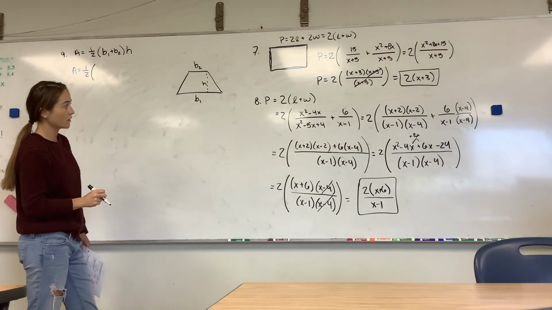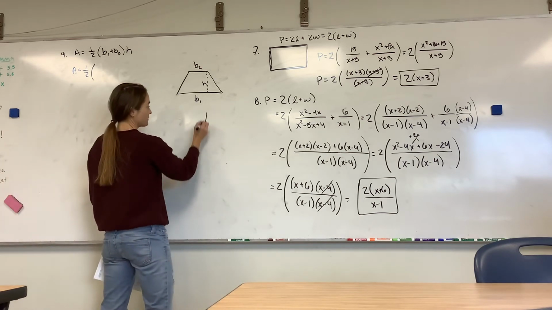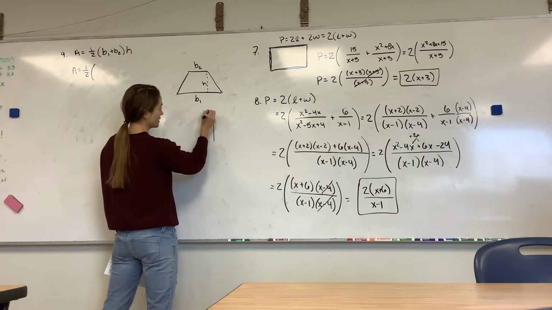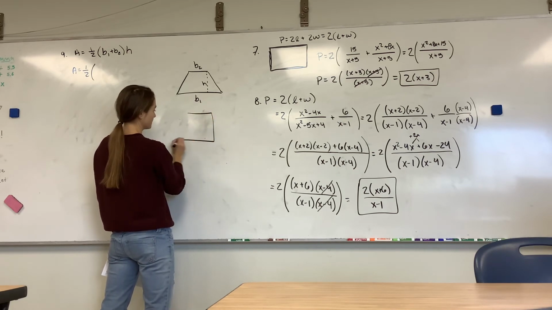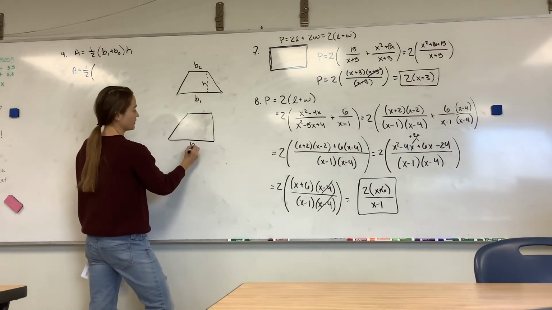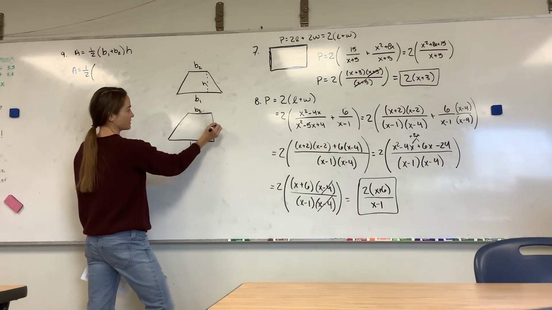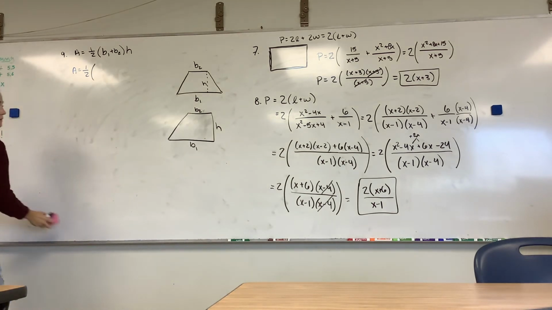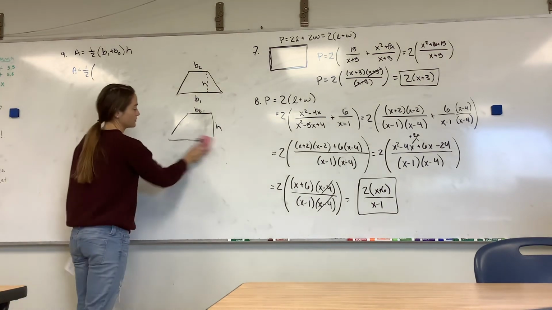I think you have a homework problem where I give you a trapezoid that doesn't have two angled sides. It's like this. This is no different. This is still the base, this is still the base, and this is still the height. So don't let that fool you when you get to this homework problem. That's still a trapezoid.